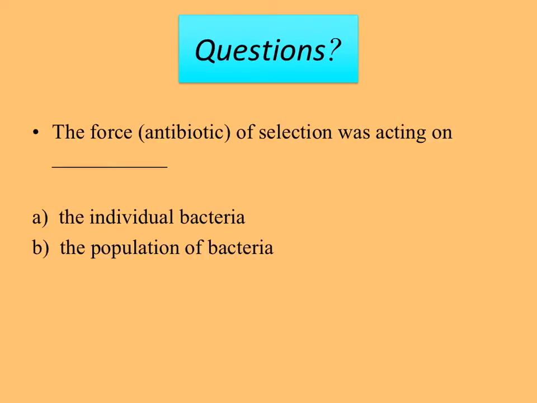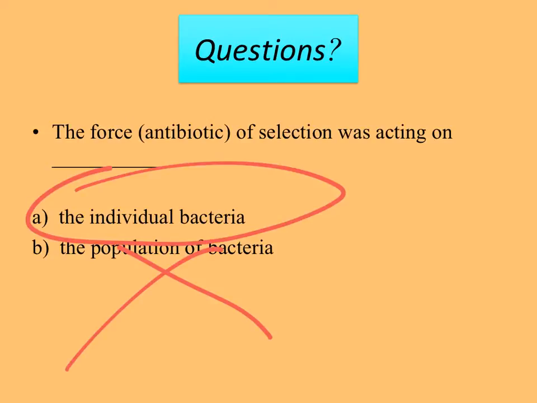The force of selection was acting on an individual bacteria or the population? The force of selection: either an individual bacteria has a mutation that allows it to survive or it doesn't. In other words, it was dealt a certain hand.